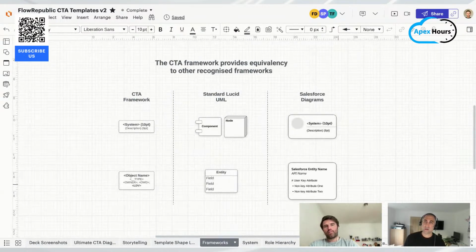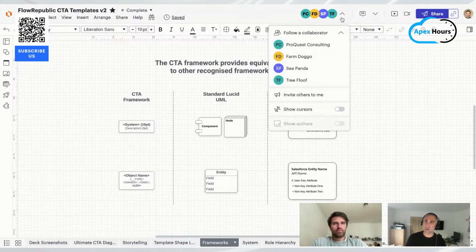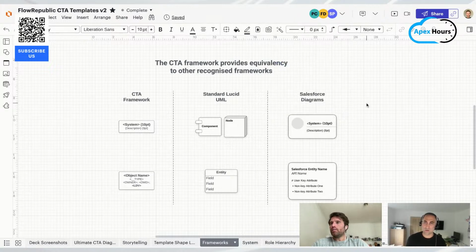Yeah, so certainly within the Salesforce world, you've got your standard shapes, your rectangles, your basic primitive shapes, if you will, squares, triangles, circles, and all that sort of stuff. You've also then got the Salesforce diagram shapes as well. So you're looking at cards with or without icons, with or without attributes, and so on.